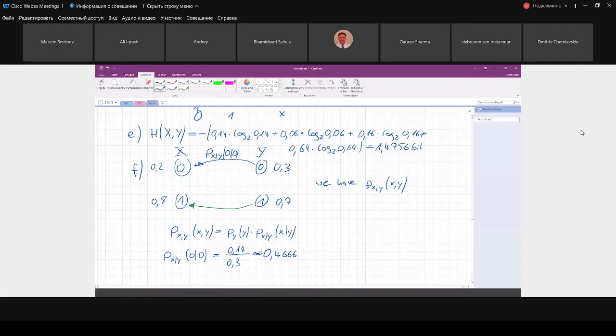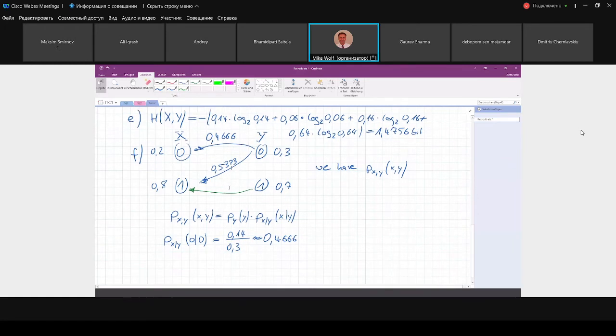It's an approximation, of course. And then if we know this probability, then this probability is quite easy this way. Again, I write here what we calculated first, and then 0.4666, and this is 0.53333. Yeah? Because the sum of these two probabilities needs to be 1.